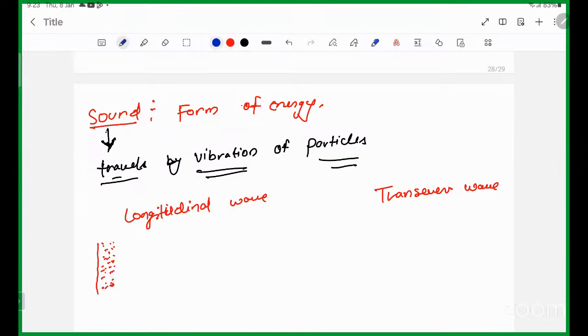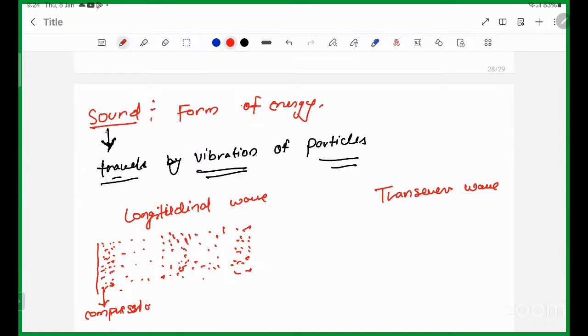So this we call rarefaction and compression. Compression means where the particle density is more, and rarefaction is where the particle density is less. How does it work?